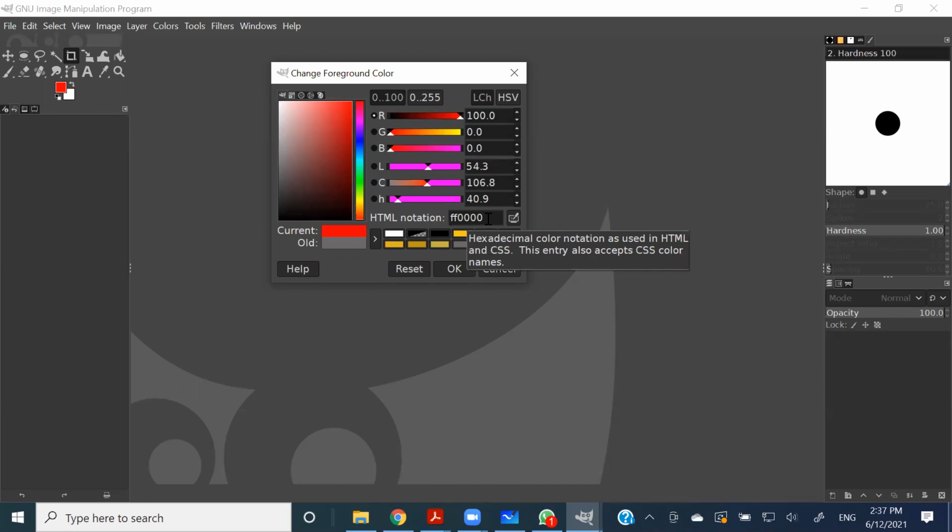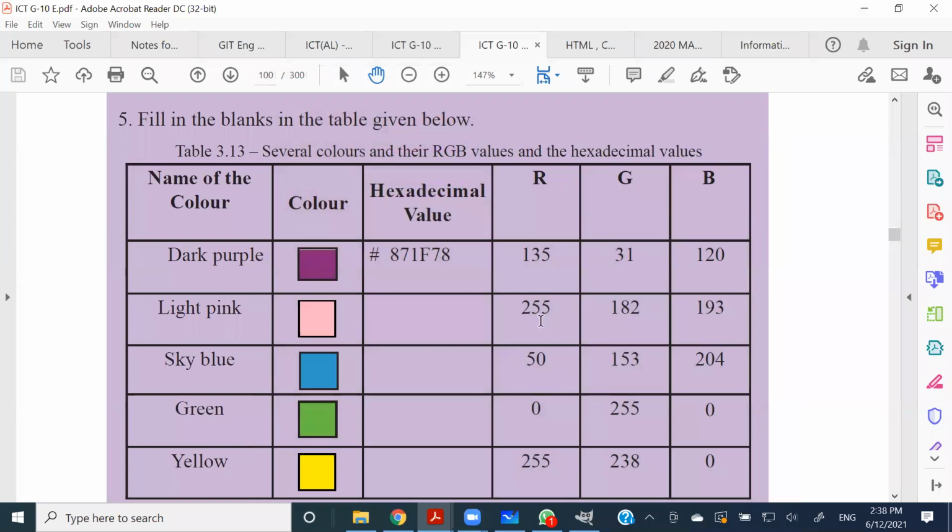So this is how colors are represented in hexadecimal values in the computer and the applications, right? So here they are creating this relation between the red, green, blue values as well as the hexadecimal values.